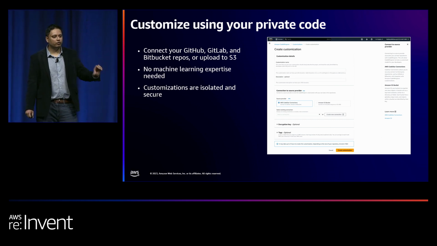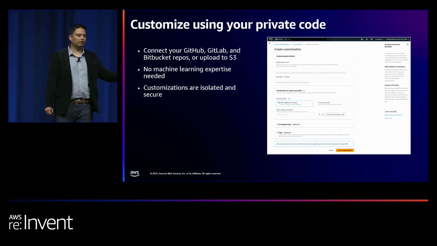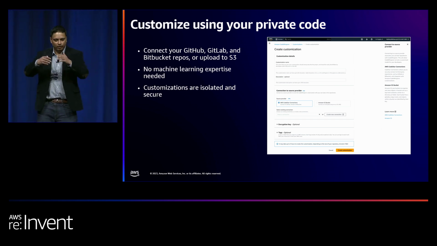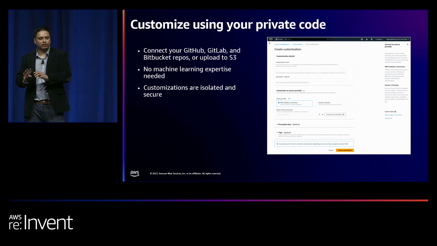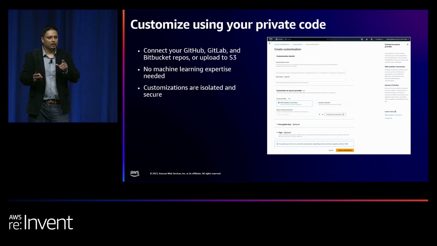So we are not going to transfer your knowledge, your intellectual property over to the base model to make it better. This is something that stays in its own boundaries. It is completely isolated from everything else. Even the customizations for your own company, if there are multiple customizations, are also isolated from each other.